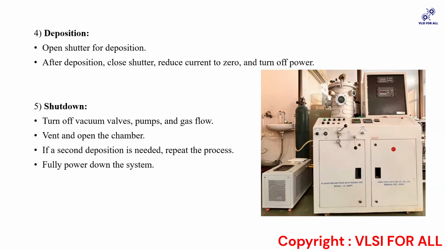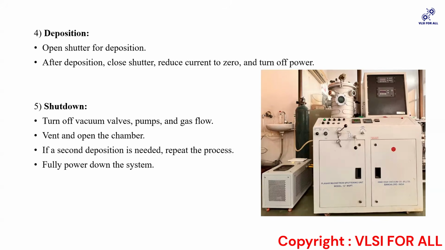When argon gas is introduced in the chamber, we make sure that we supply the current. When the current starts, we make sure that the vacuum is maintained in the chamber, that the temperature is maintained, and that every parameter is satisfied.